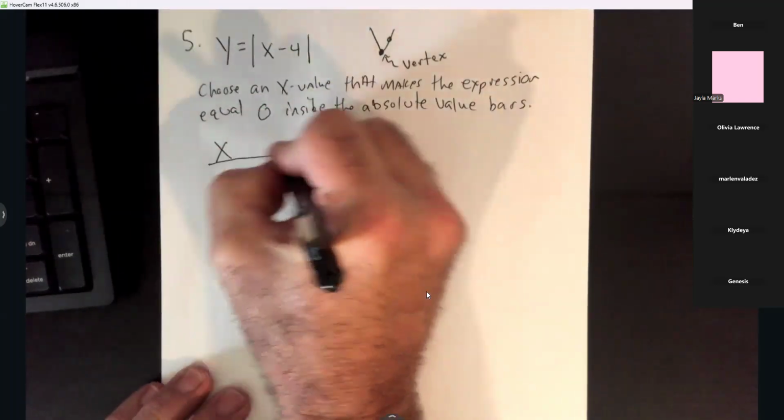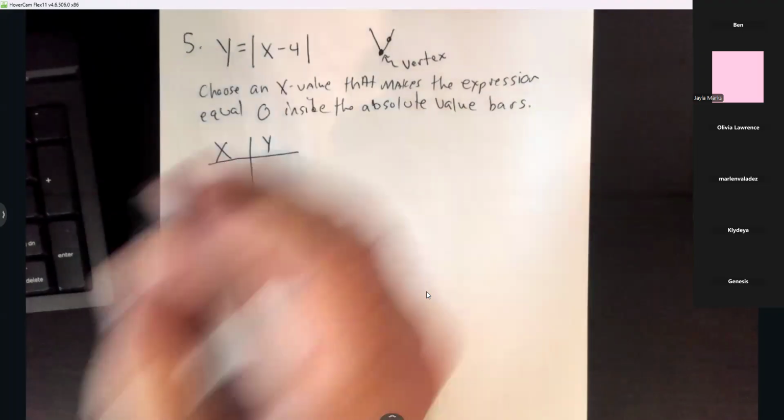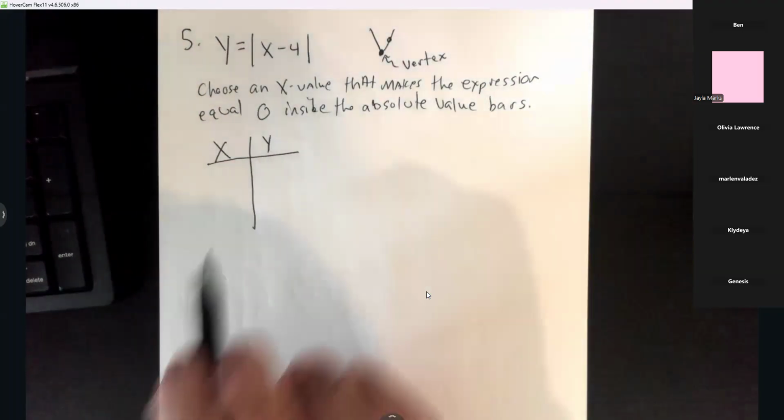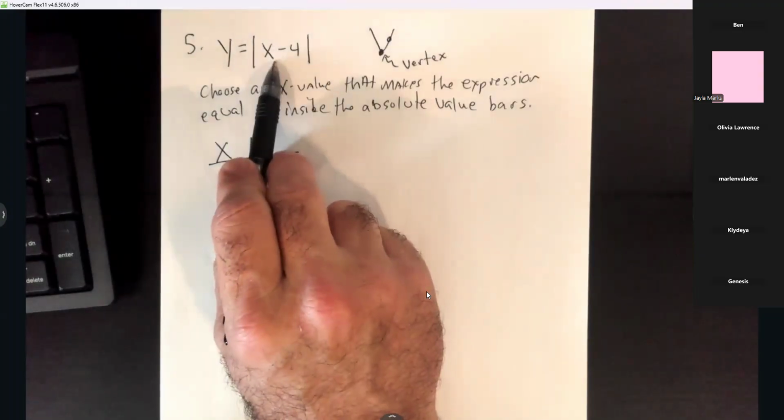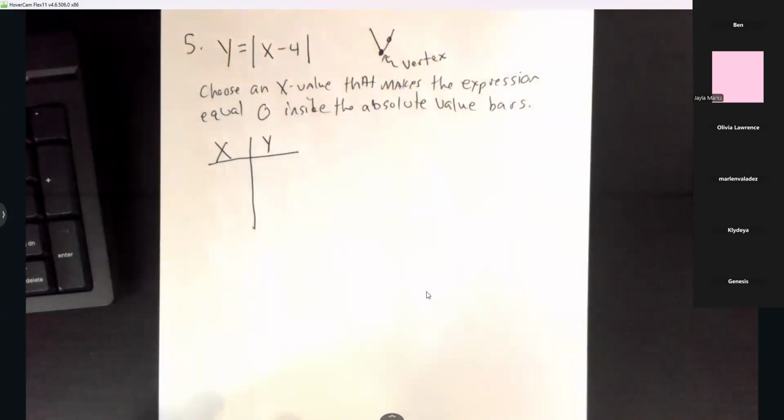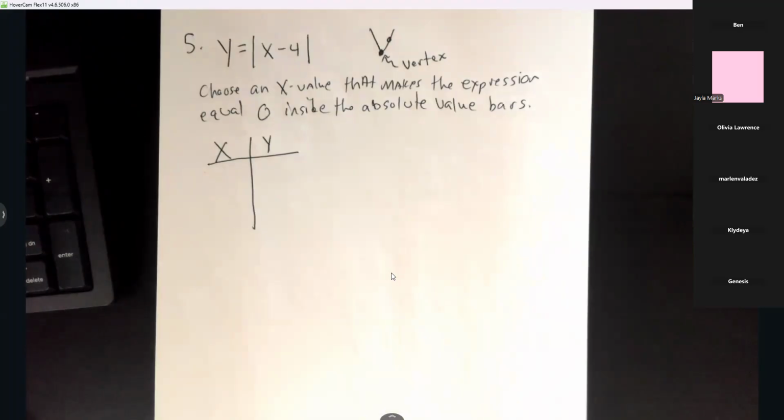So I needed 2 points, remember? So, y'all, what I need is an x value that'll make that equal 0 inside these bars. So what are you picking?